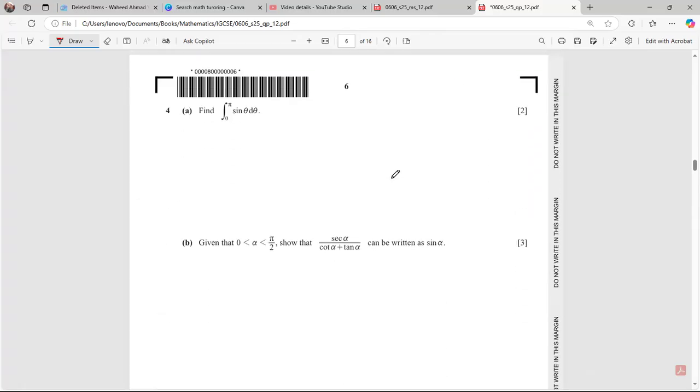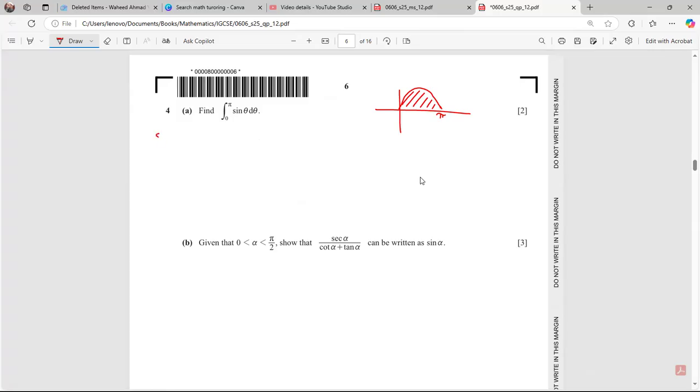Now question number 4. Again, it's very easy. Remember how sin x looks like? It goes from 0 to maximum and then goes to 0. So this is pi, right? In this problem, we need to find this area.